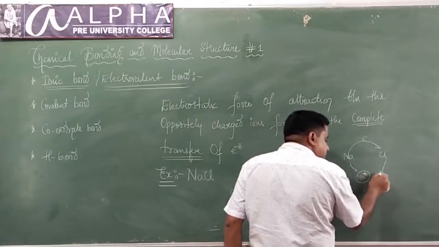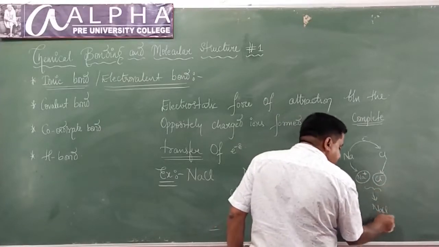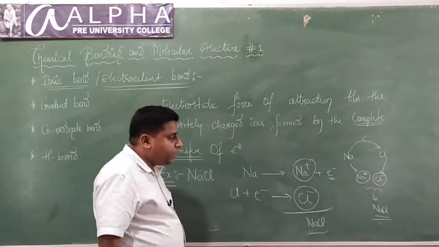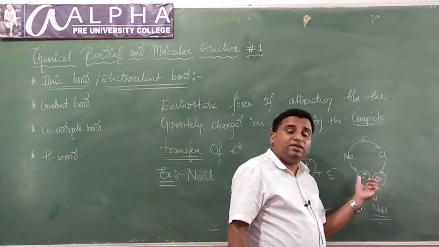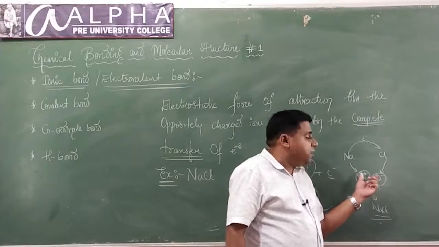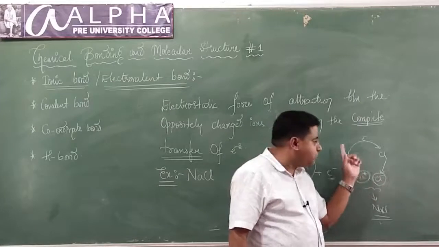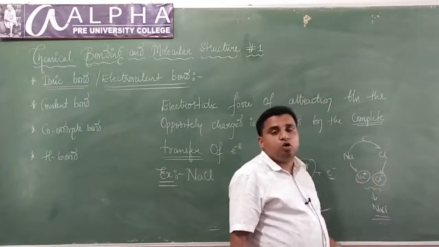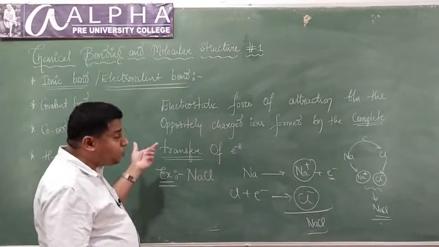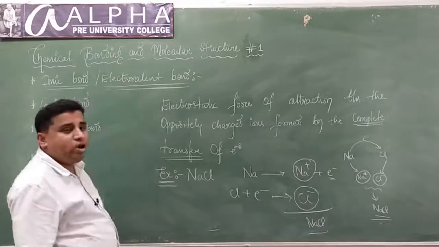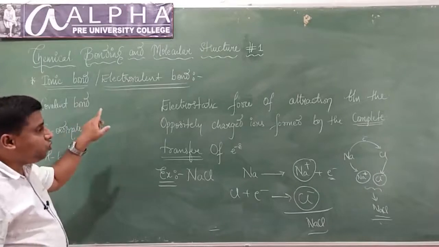These oppositely charged ions mutually attract each other to form NaCl. So the bond between sodium and chloride is formed by the electrostatic force of attraction between oppositely charged ions, produced by complete transfer of electrons from one atom to the other. This bond is called the ionic bond, or it is also called the electrovalent bond.